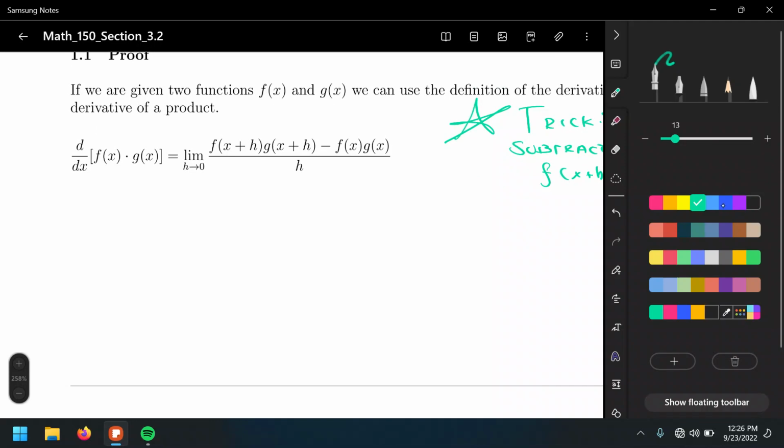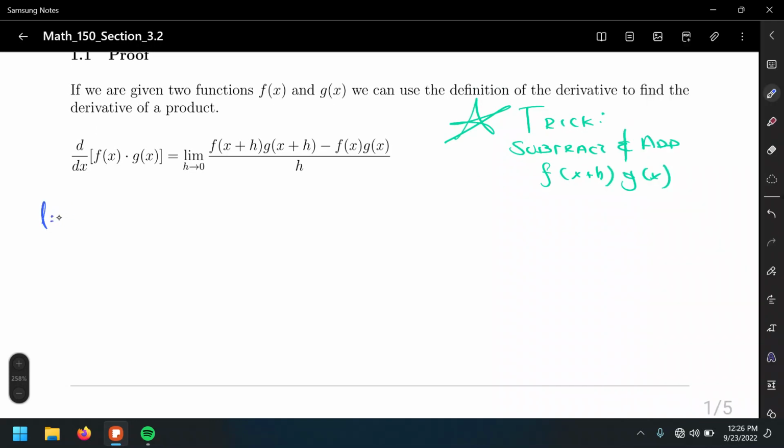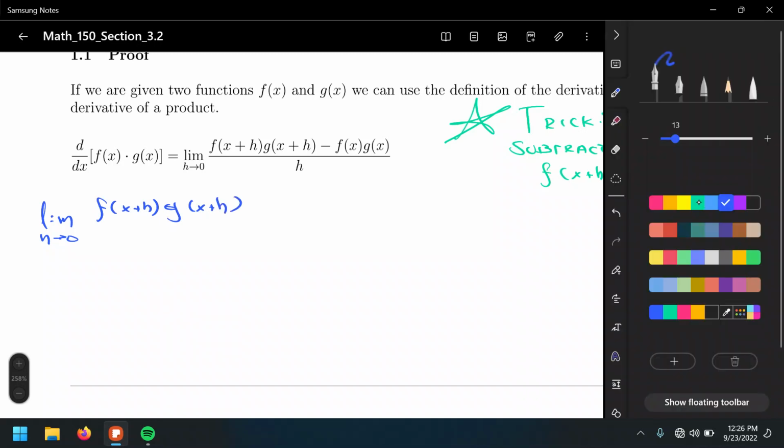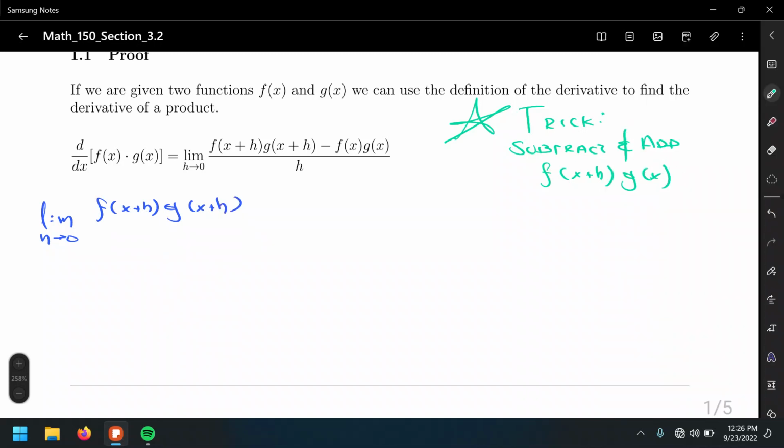So let's go back to the limit, and I'm going to go limit as h approaches 0, that's f of x plus h, g of x plus h, and then we're going to subtract this quantity, minus f of x plus h, g of x, and add it.